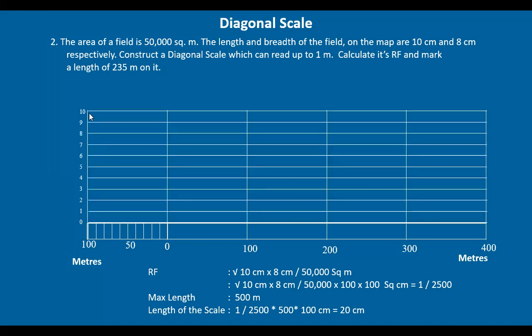Now draw horizontal lines, right? The first point here is joined with the 0 at the bottom. Like this, we mark all the points and you get the diagonal lines here. So with the first division, we are able to measure 1 meter. So meters also are possible here.